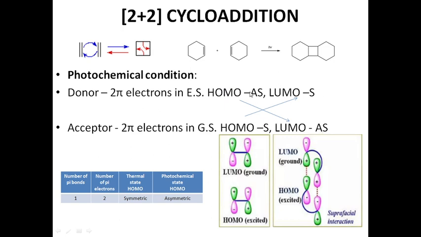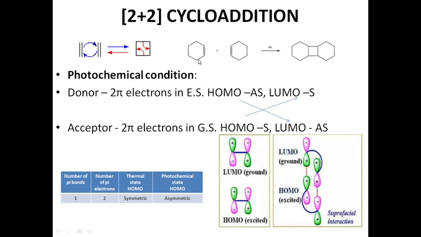So one set is asymmetric with asymmetric and the second set is symmetric with symmetric. Both are suprafacial interactions. Suprafacial interaction for cyclic rings lesser than 6 is symmetry allowed and even sterically allowed.